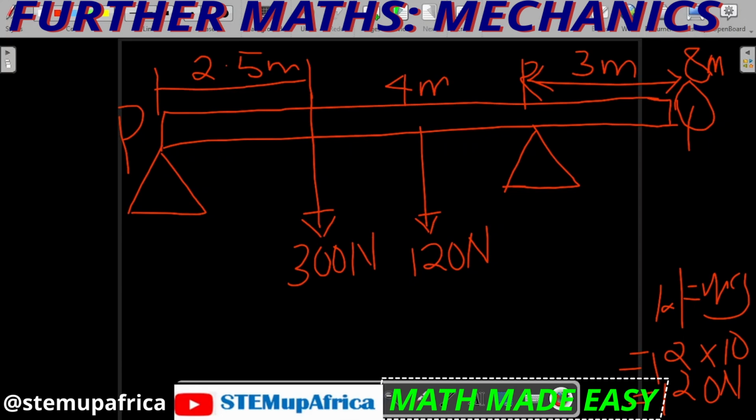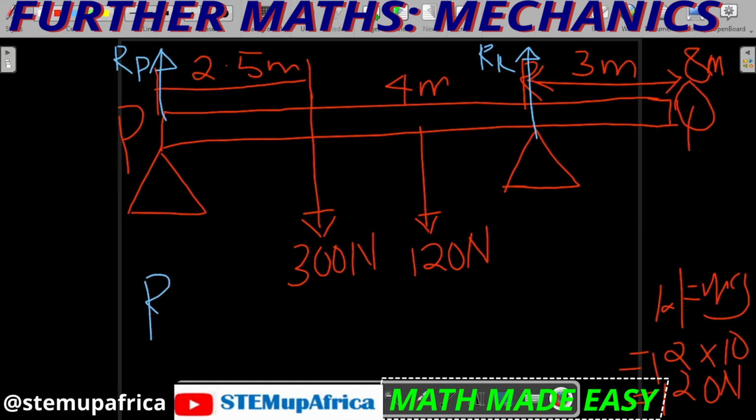Now we are asked to find the reaction at P and R. So at this point, I will have a reaction. Let's call it reaction RP. At this point, we have a reaction. Let's call it reaction R. So we have conditions for equilibrium. One of the conditions for equilibrium is that total upward force must be equal to total downward force. So what are the upward forces?